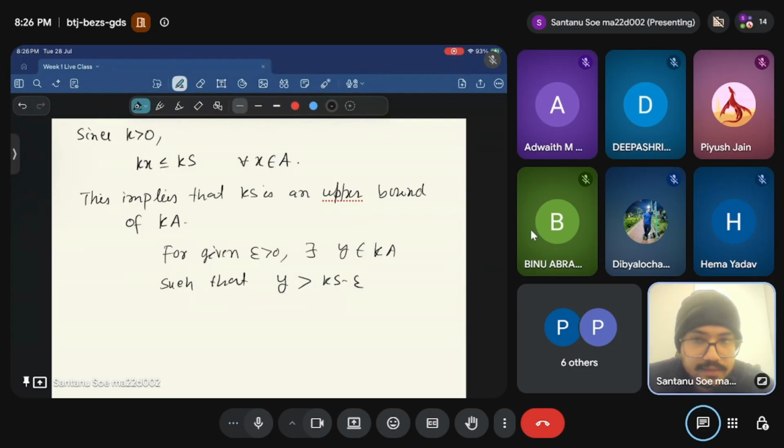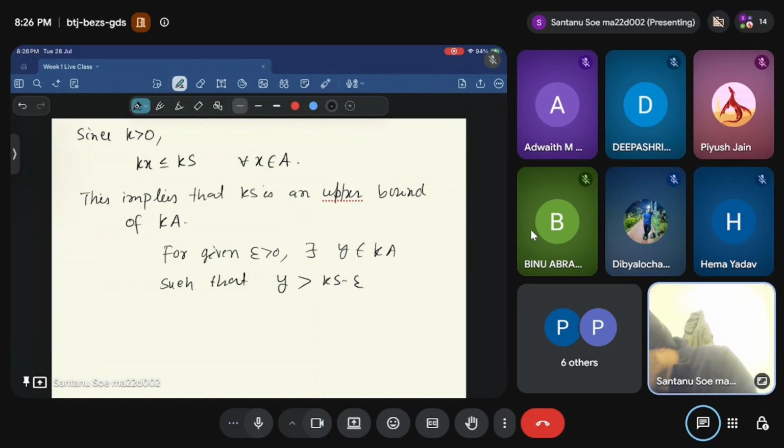This was the definition, right? If that number is not a supremum, then you can go epsilon to the left of that number kS, and you will find a number between kS minus epsilon and kS that is greater than kS minus epsilon. Correct. Is that clear to everyone?